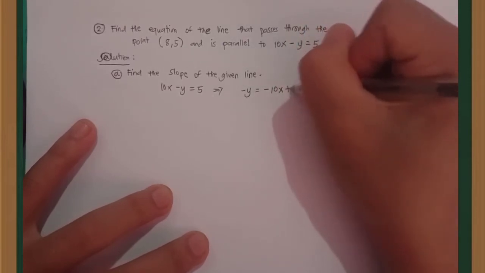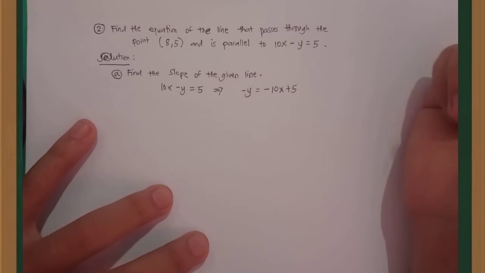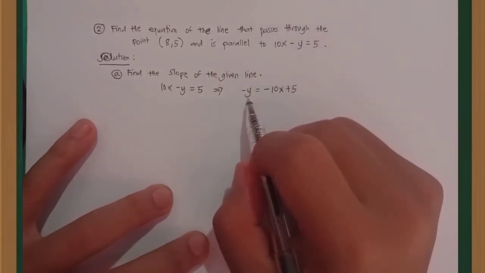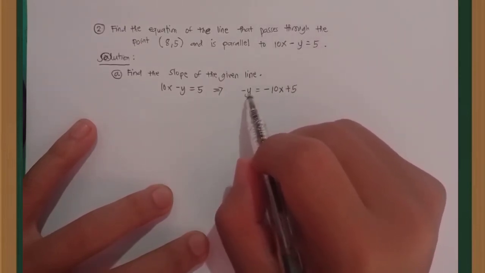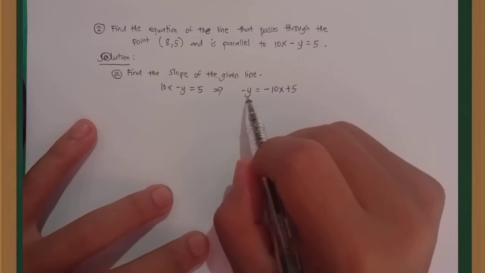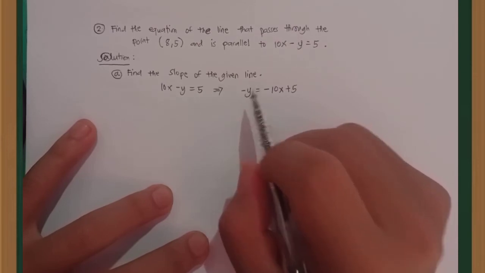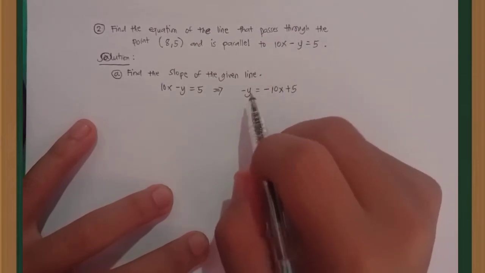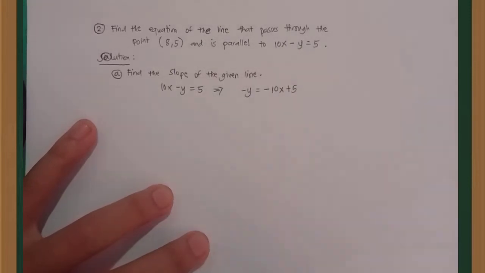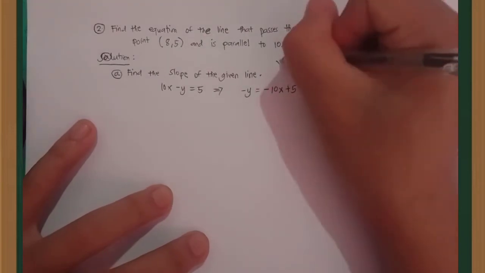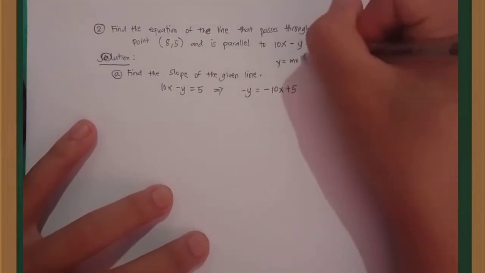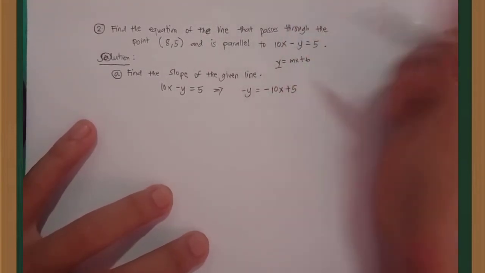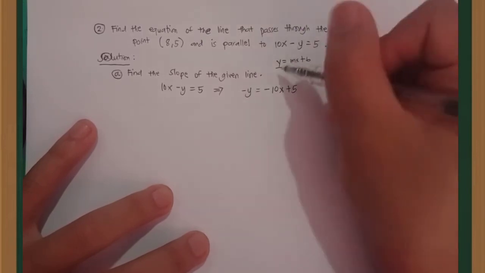Then copy the constant positive 5. Next, let's make sure that the y term should always be positive, because in the slope-intercept form, y equals mx plus b, the y must be positive.